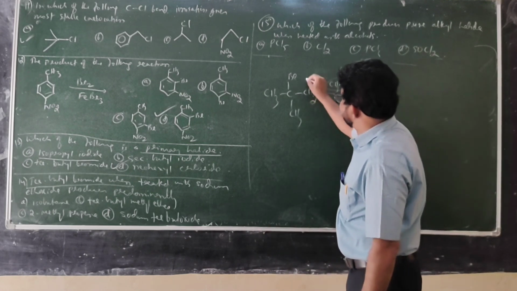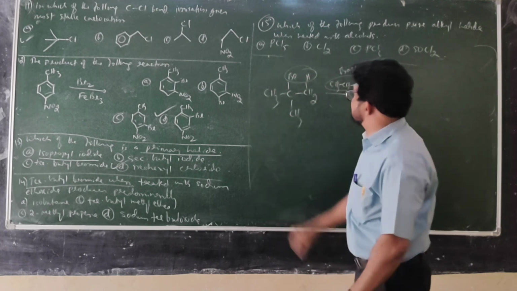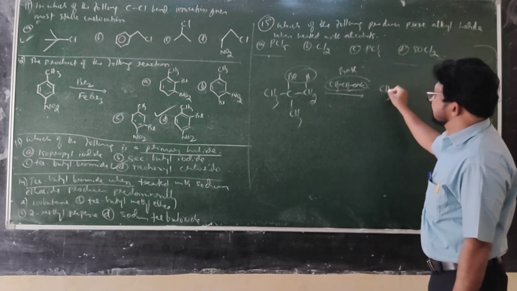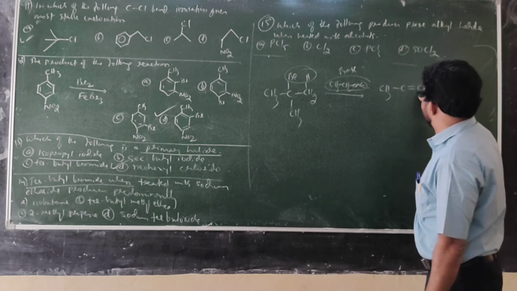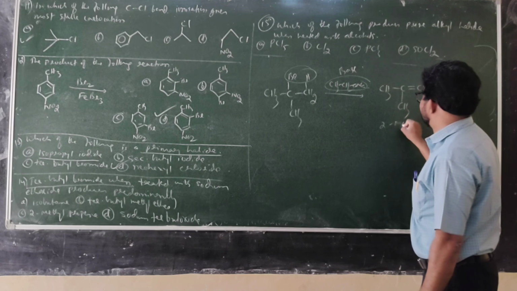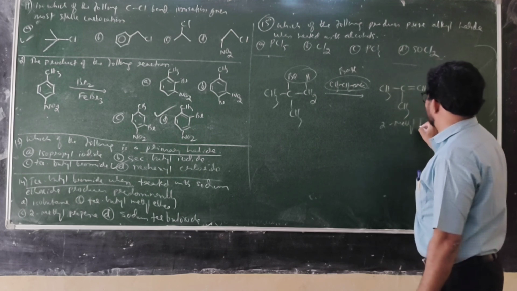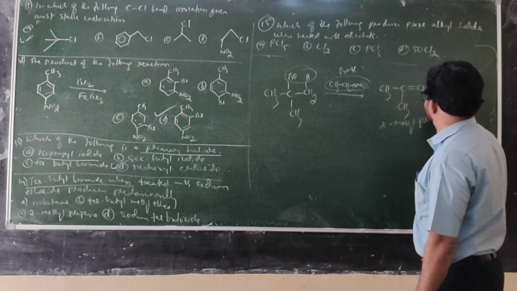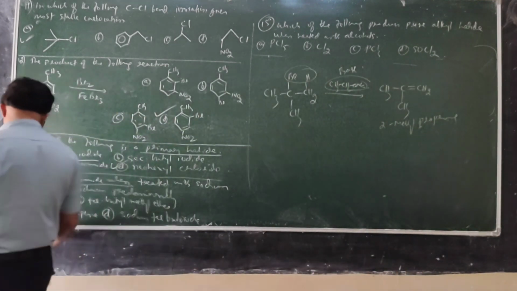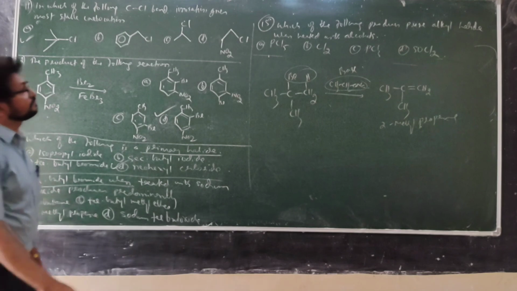So if it extracts a proton from HBr, because it is a base, the product is CH3, C double bond, CH2, CH3, 2-methyl propene, right? 2-methyl propene, option C is correct.